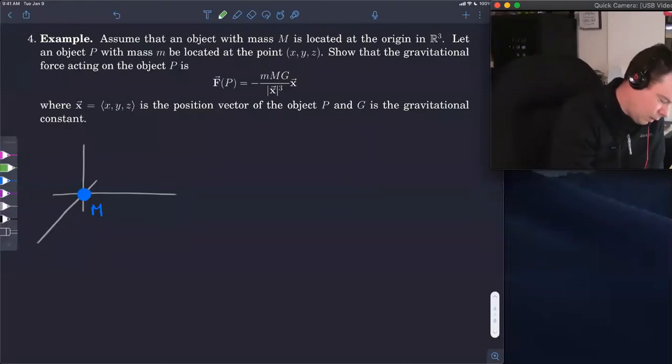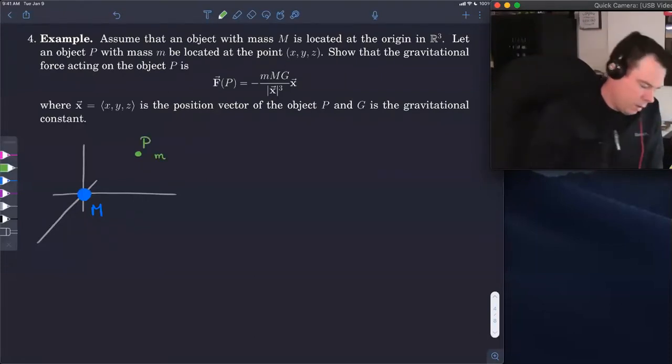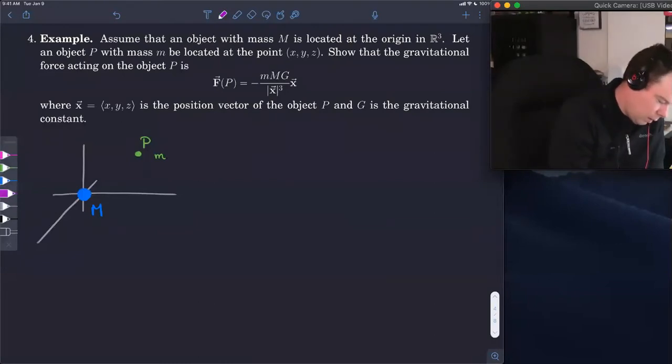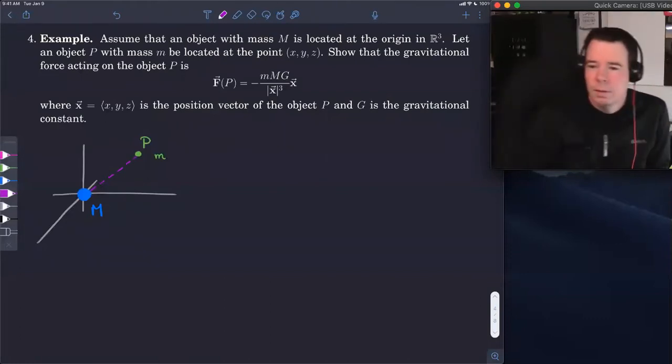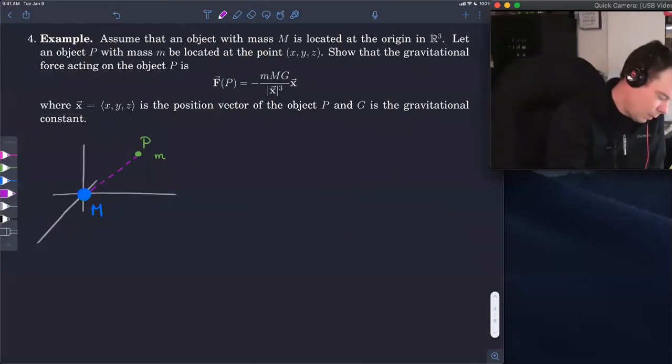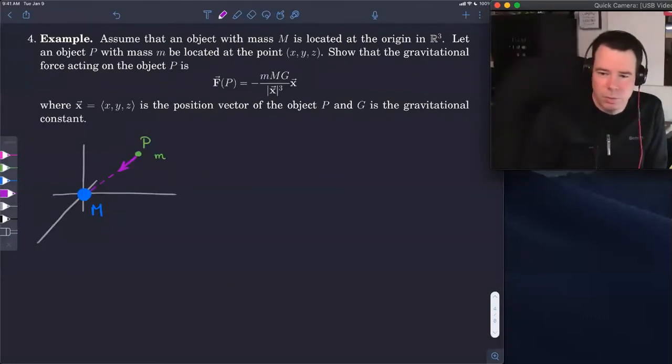We've got a little mass, little m, at a point P. And we want to figure out what is the force vector that is acting on this mass little m by this big mass, capital M. And that's going to be a force that acts in this direction. It's going to be an attractive force, a gravitational force. And we need to figure out what that is.